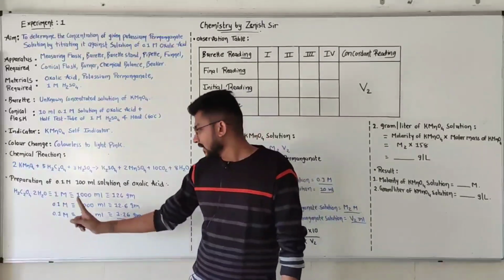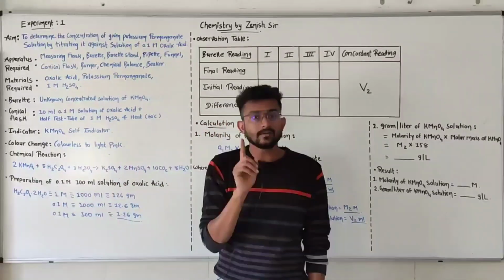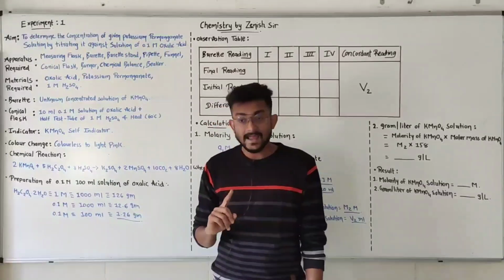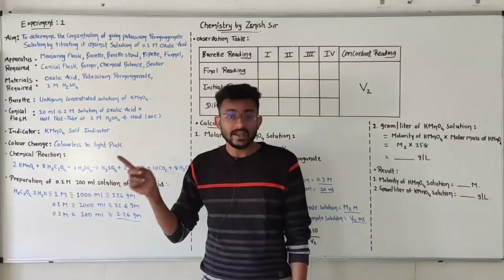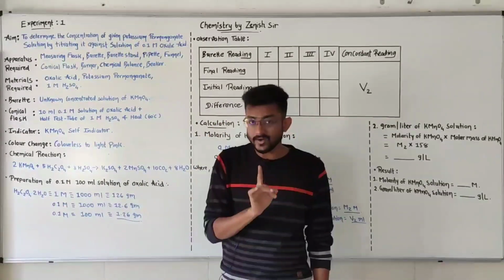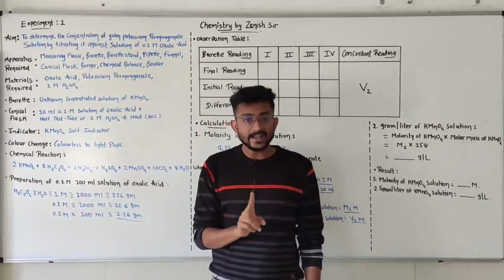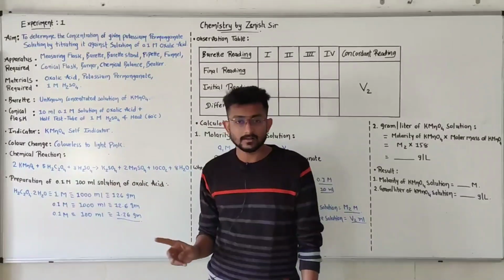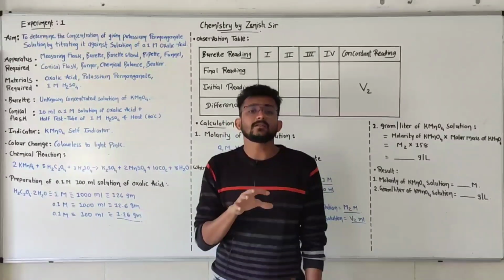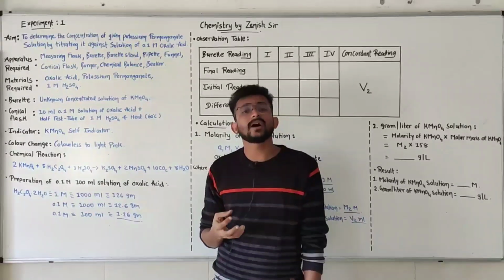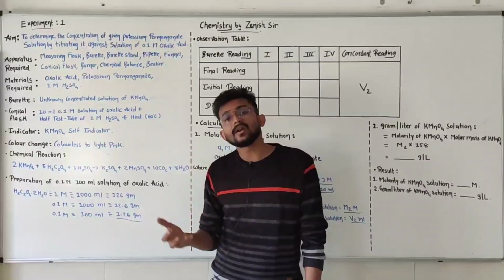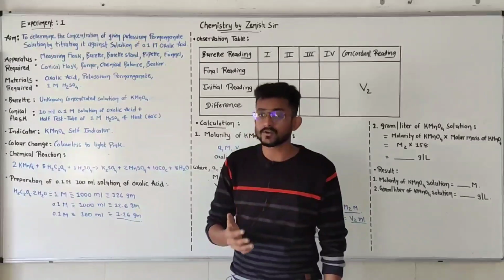Suppose we are making 1 molar solution and 1 liter solution. If molarity is 1 and your volume is 1 liter, in the sense 1000 ml, how much mass of acid will you require? It will be equal to the molecular mass of oxalic acid.